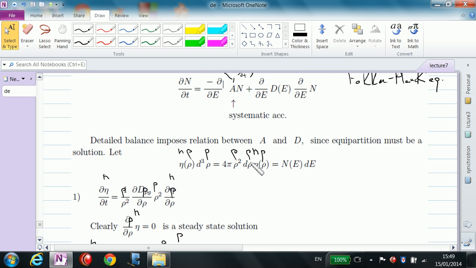These are all supposed to be small n's, and these are all supposed to be small p's. N is also a function of x in principle, but let's say that it's constant in x, but it's the phase space density.